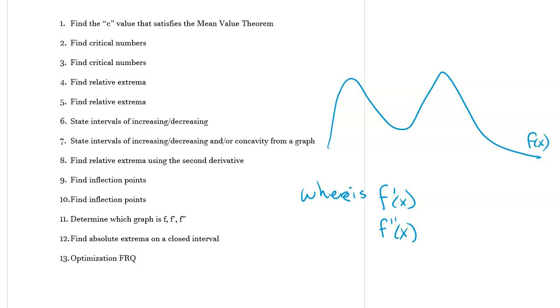Oh, I wasn't even asking a question. You're just deciding on your own. You're coming up with the question. Okay, do we want second derivative to be positive or negative? All right, good choice.